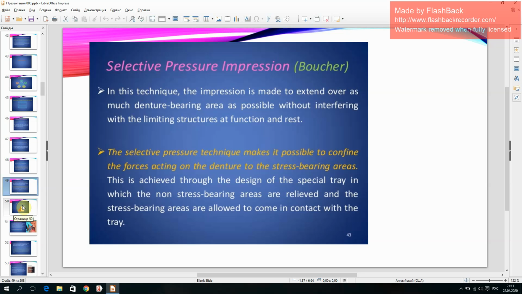The selective pressure technique makes it possible to confine the forces acting on the denture to the stress-bearing areas. This is achieved through the design of the special tray in which the non-stress-bearing areas are relieved and the stress-bearing areas are allowed to come in contact with the tray.